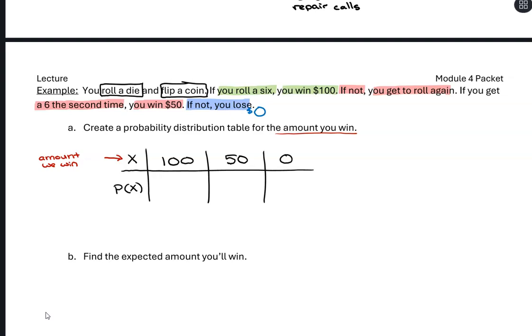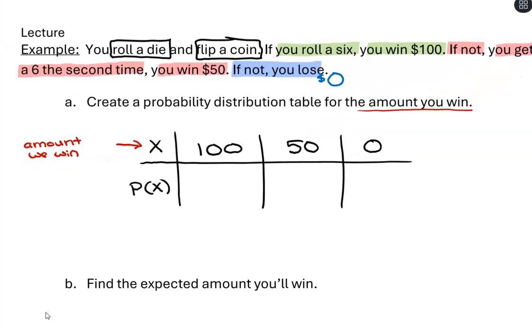Now for the probability piece, that's a little tricky. So what I'm going to do is make a little note to myself underneath about what happens in each of these scenarios. To get $100, we roll a 6 on the first try. In fact, I'm just going to leave that as roll a 6.